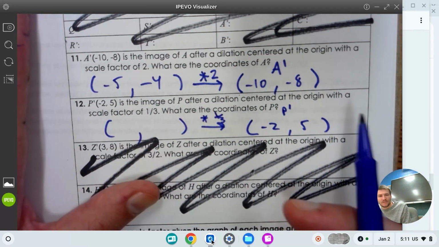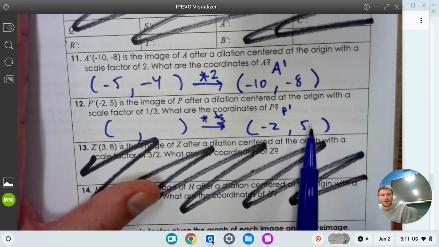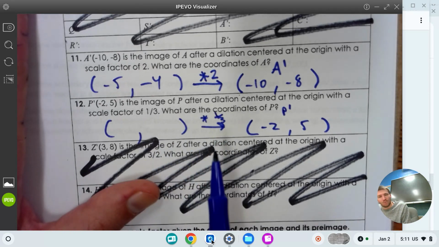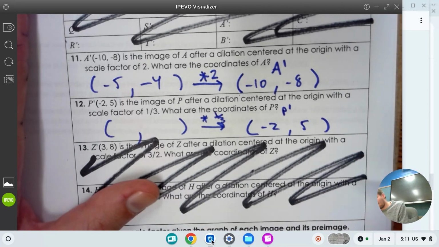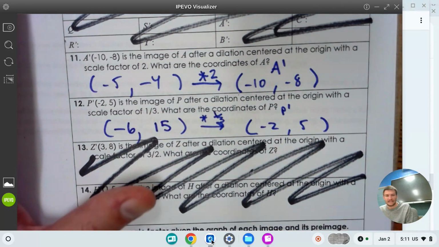That is so gross. But you don't. Instead of going 1/3 in this direction, we're going back this direction. How do you do the opposite of multiplying by 1/3? The reciprocal. You multiply by 3. So going back this direction, we should have -6 and 15.